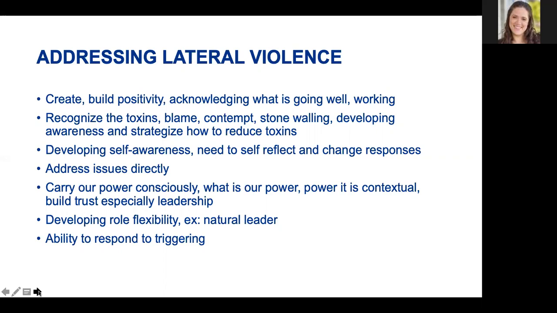We have to understand that we carry that power and walk in a very empathetic, compassionate, thoughtful way.